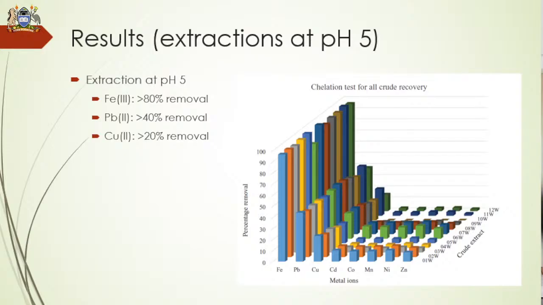As you can see in the graph on the slide, iron was extracted at more than 80%, followed by lead and copper. We found that the most efficient extraction was at pH 5. Extraction of iron was most efficient from pH 2 to 3, going to 6. But for lead and copper, it started at pH 3, going to 6.